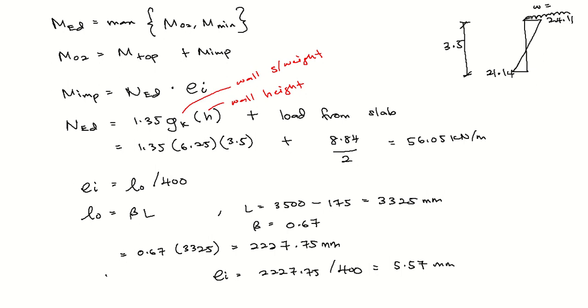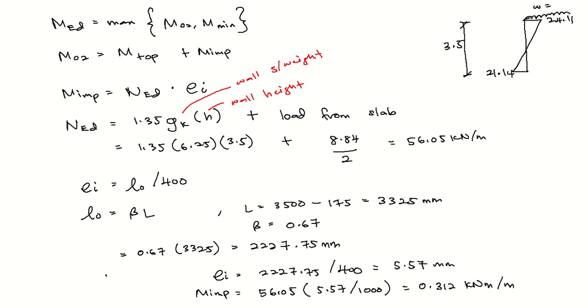So this 5.57 we can plug in to calculate the value of M imperfection, where M imperfection equals NED, 56.05, times EI, 5.57. But this is in unit millimeter, so we need to convert to meter, so that you will get 0.312 kilonewton meter per meter.